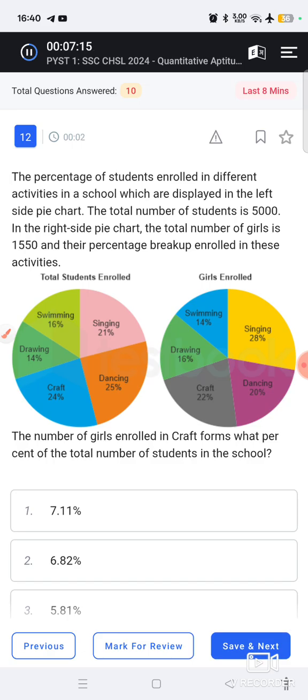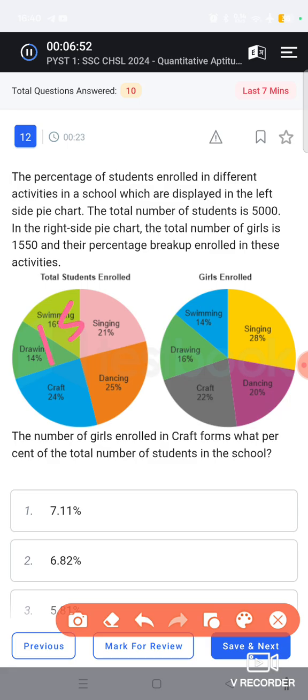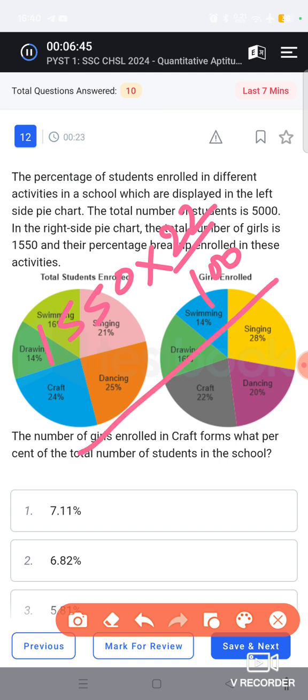The percentage of students in different activities in the school is shown on the left side of the pie chart, the total number of students given. And on the right side, the total number of girls is given. Then the number of girls enrolled in craft is 22%. Then we have to find 22% of 1550, and then divide it by the percentage.